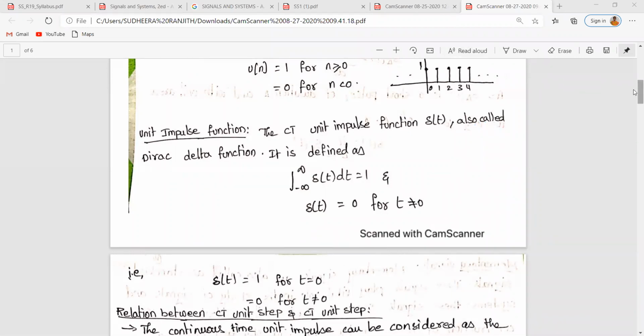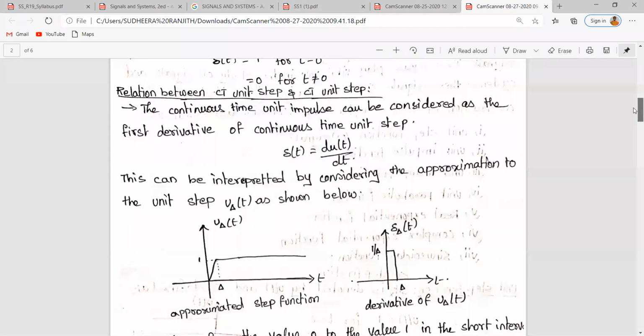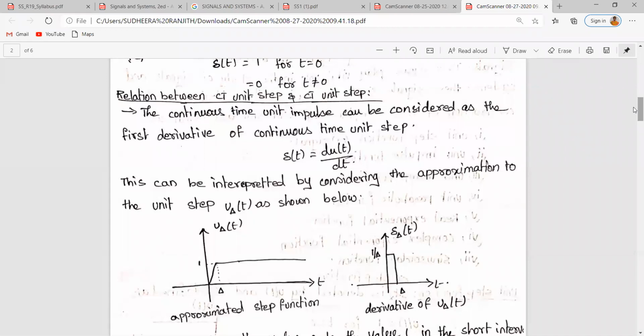So let us now try to establish the relationship between the continuous time unit impulse function and the continuous time unit step function. In fact, delta of t is considered as the first derivative of the unit step function. We can define this relation by considering the practical version of u of t.